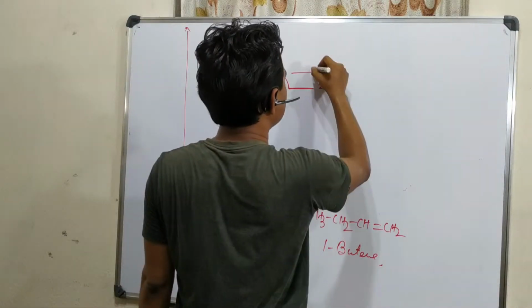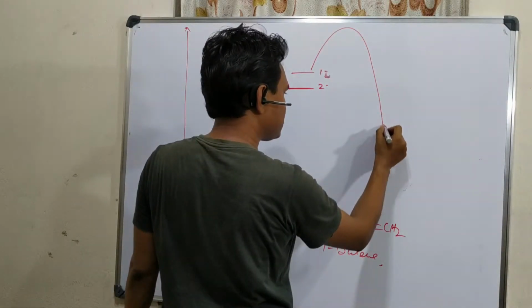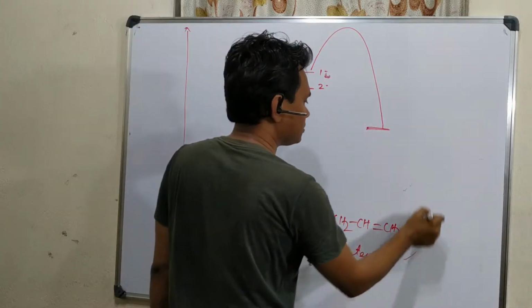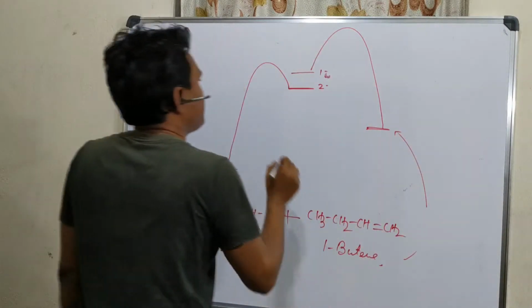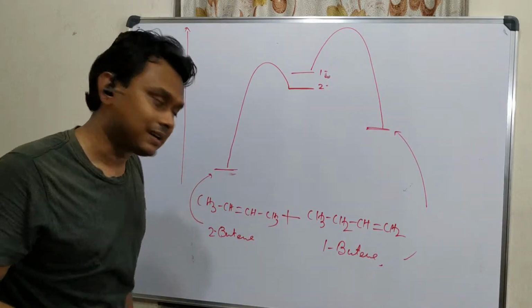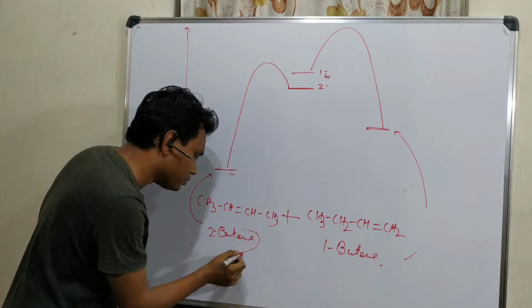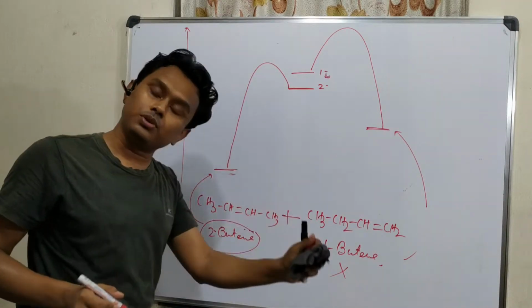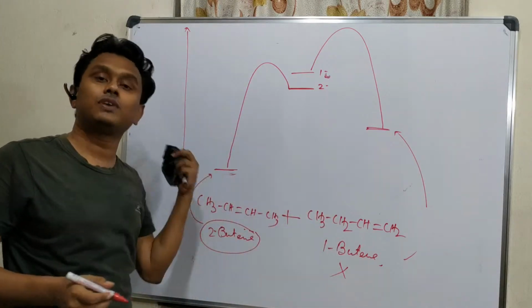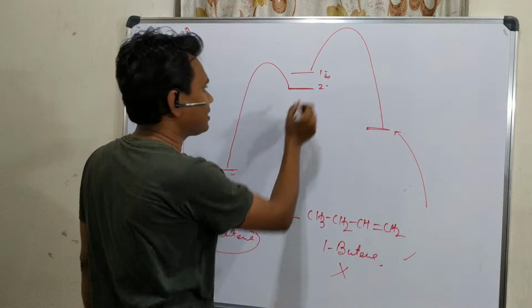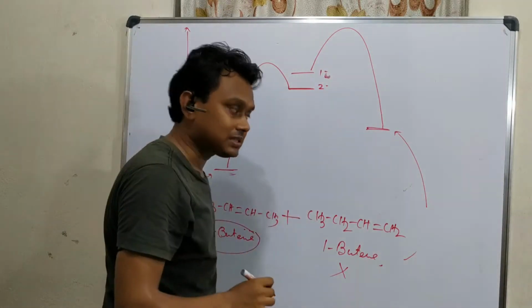And if this produces 1-butene, then it's here. Now the question: why do we generally observe that this is produced, not this? Because it should be produced during the reaction, but it is further converted into this. Why? Because this is the primary, and this the secondary carbocation, based on their stability, as I have shown.